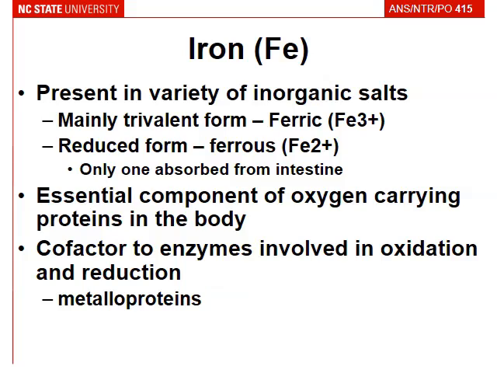The main form that we're going to be focusing on is the trivalent form, or ferric, which is Fe3+. And then we have our reduced form, which is ferrous, Fe2+. And these are the only ones that are absorbed from the intestine.